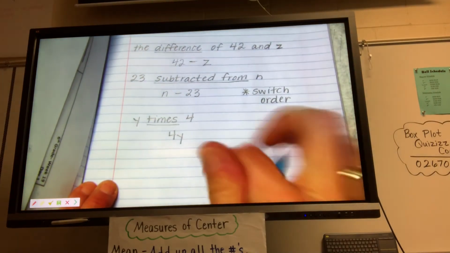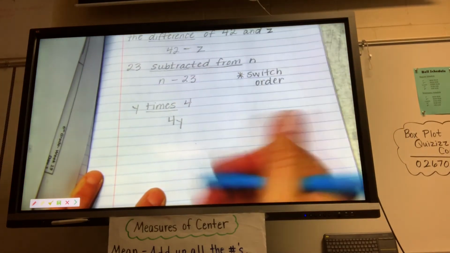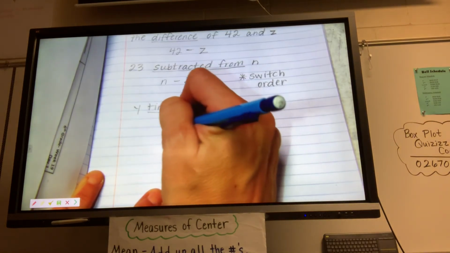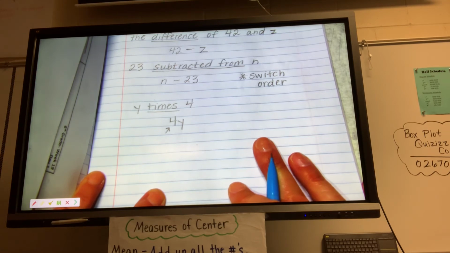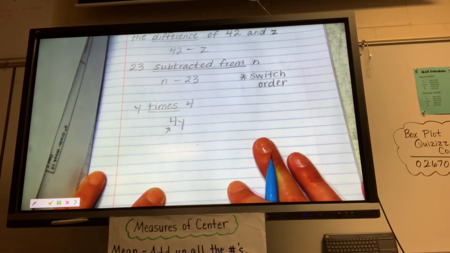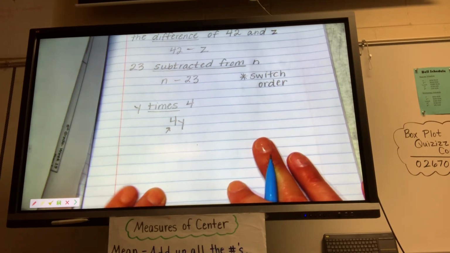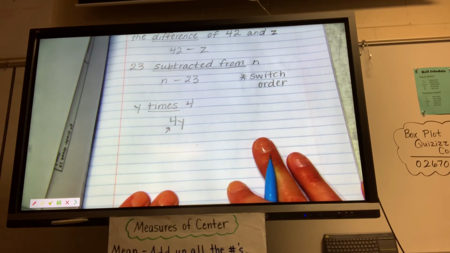Okay? What does 4 represent again? Now, it has a special word. It's not constant, but we're close. Anybody remember? It's the number smashed right up against a variable. It starts with a C, not constant. What was it?